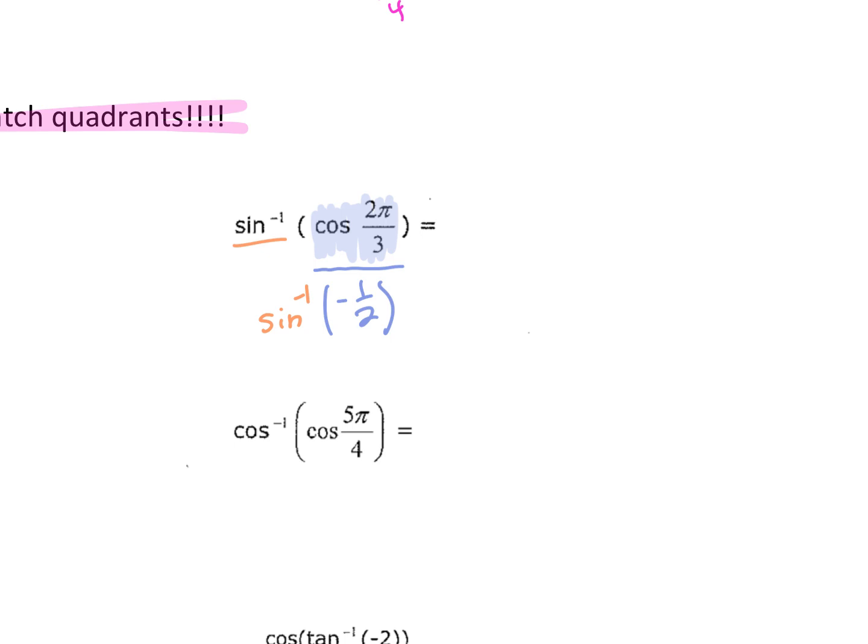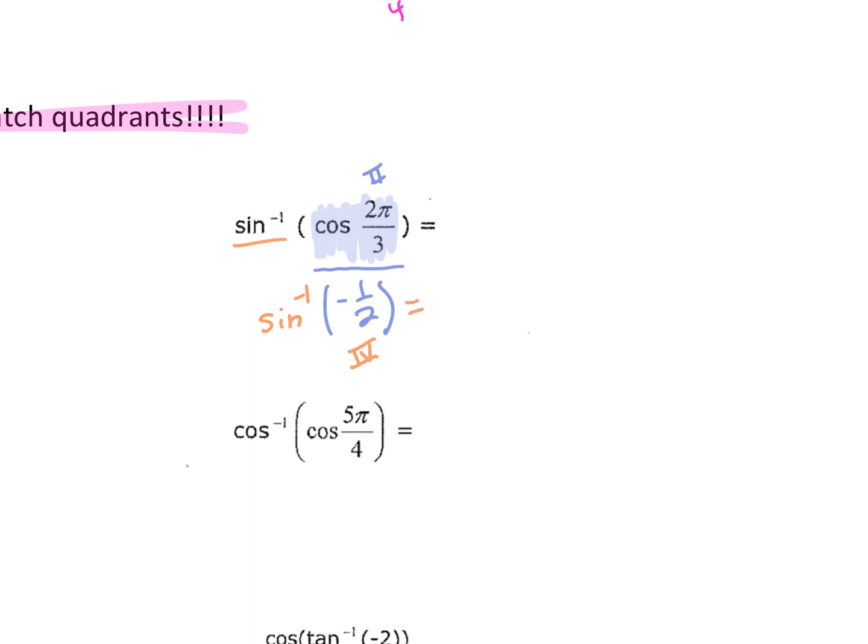Now, if we're doing the inverse sine of something negative, what quadrant do we need to move into? Yep. So what quadrant was this 2 pi over 3 in? Okay, so we started in quadrant 2, but now that we're doing this inverse sine, we're having to jump down into quadrant 4 to find our actual answer here.